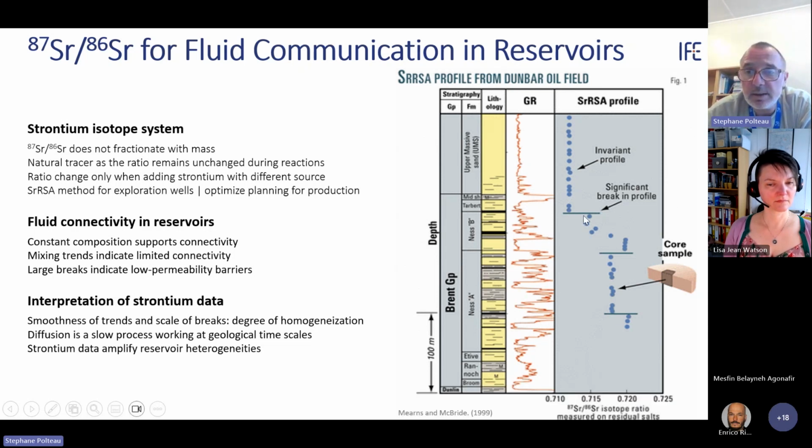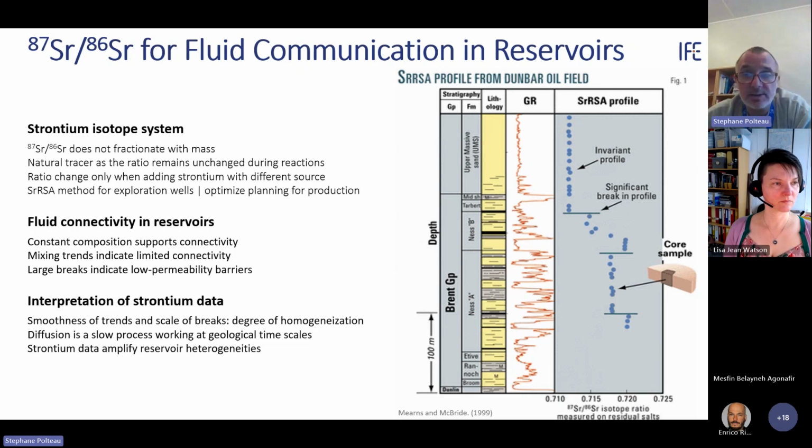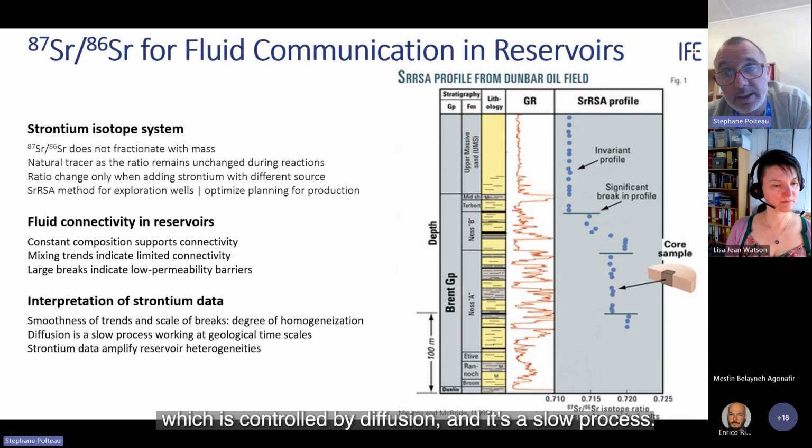Mixing trends with an irregular trend indicate limited connectivity, and the breaks in the trends indicate the location of low permeability barriers. So here, the smoothness of the trends and the scale of the breaks is a direct degree of homogenization, which is controlled by diffusion, and it's a slow process.